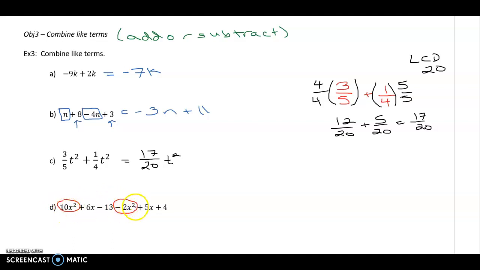So 10x squared minus 2x squared is going to give us 8x squared. Then you can either change colors or change shapes or both. We have a positive 6x, you can draw a square this time, plus 5x. So that's going to be plus 11x.